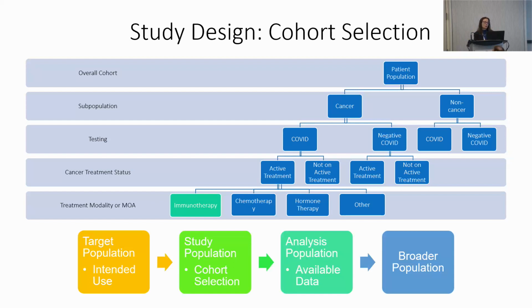And from a regulatory perspective, this is often the intended use of the medical product. Then you have the study population. That's the cohort you've selected from the available data in the analysis population. And then there is, of course, what you are drawing from in totality, which is the broader population. And this speaks to the concept of generalizability. How does what you've selected in your study generalize to the broader population?